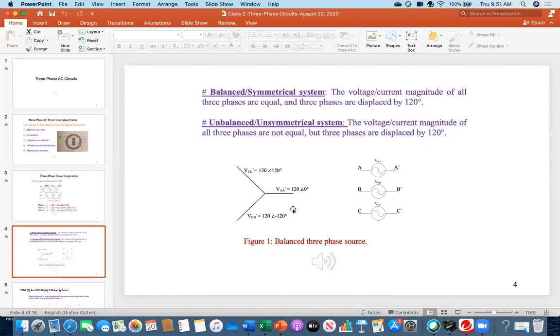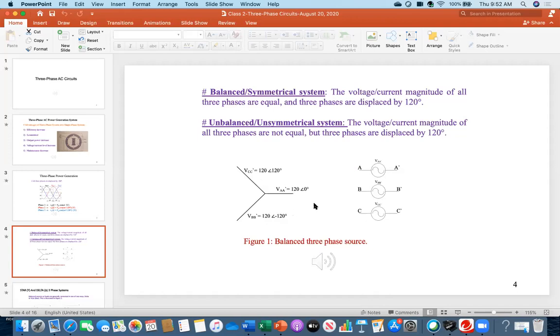Now, if you see that here it is 120, but here it is 110 or 100 or 90, or these two could be the same but this one is different due to various reasons. This unbalanced condition happens due to some fault, some disturbances, or some other issue on the cables. The system might be unsymmetrical or unbalanced.